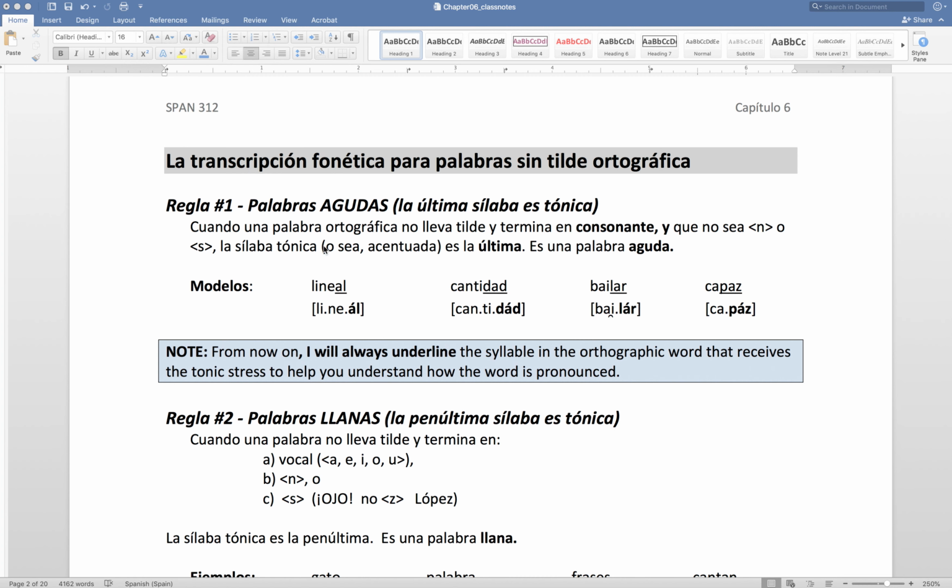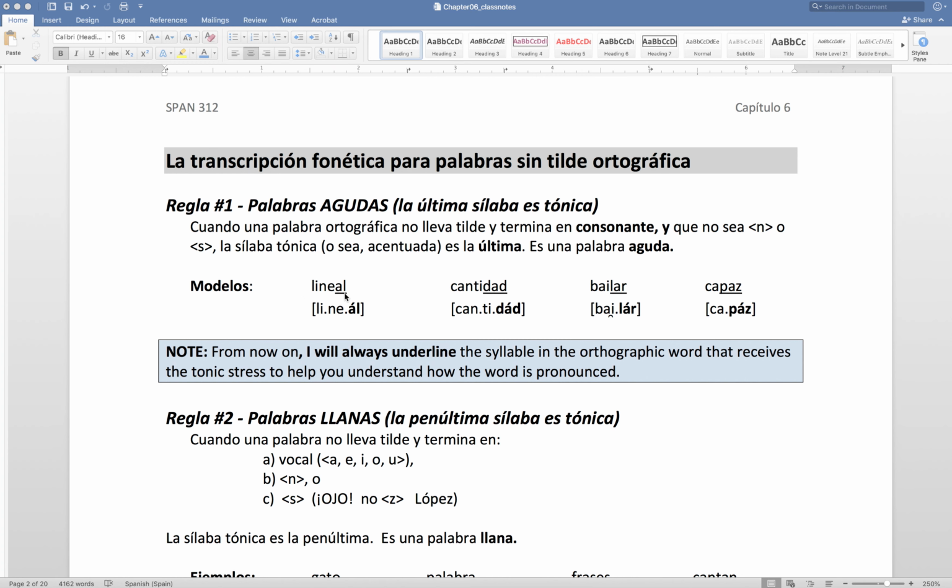And so the rule is a word is an aguda when the stressed syllable is the last one. Anytime a word ends with a consonant that's not an N or an S, the word will always be stressed on that last syllable.